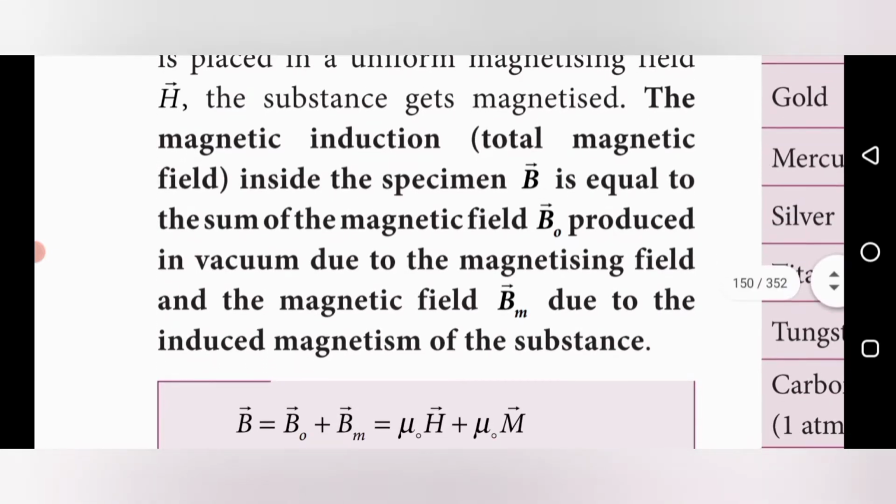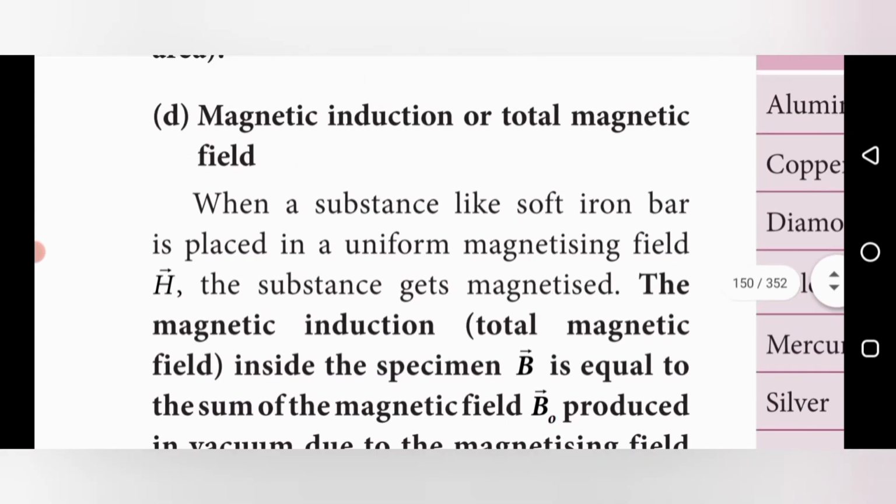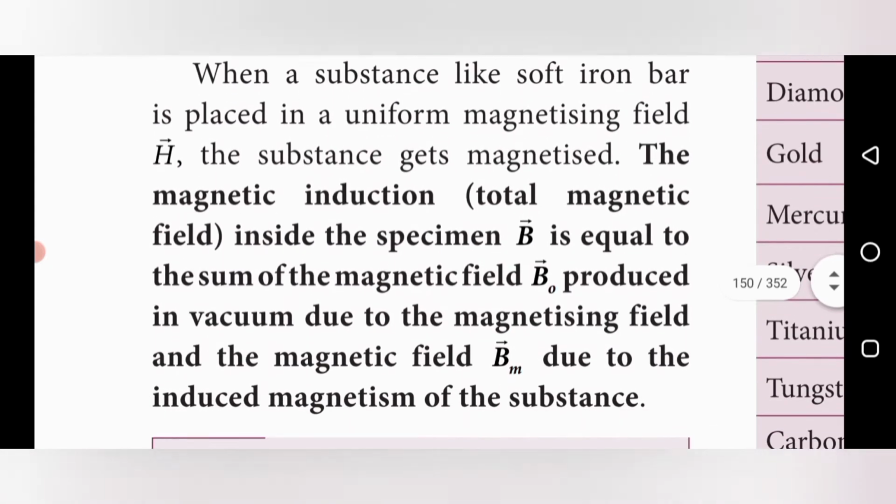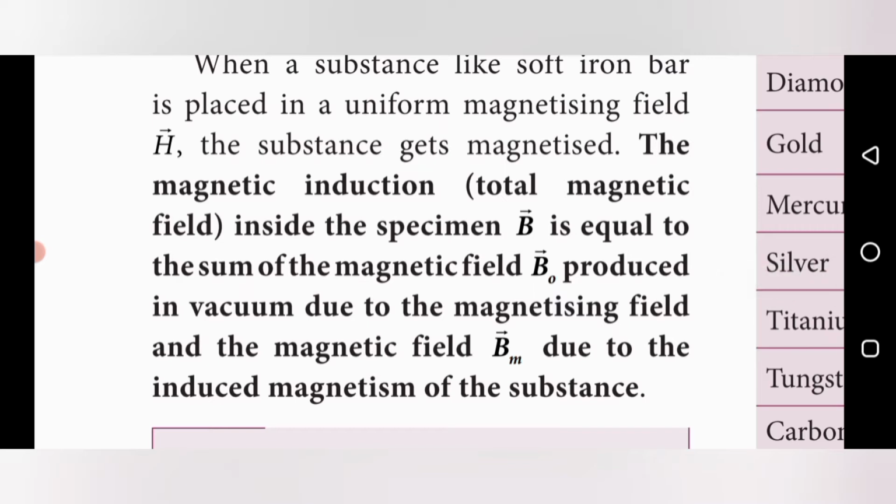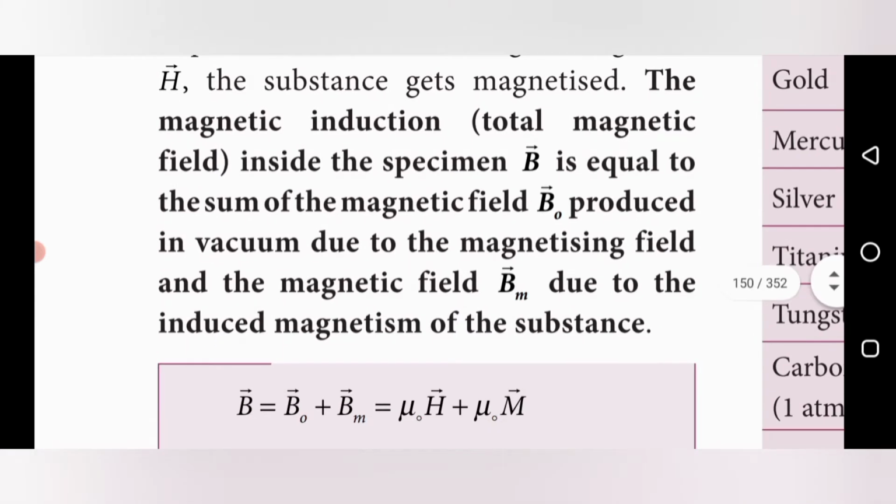According to the statement, the magnetic induction inside the specimen, that is iron, B, is equal to the sum of the magnetic field B naught produced in vacuum, that is the field in air, which is considered here as a vacuum, due to the magnetizing field, and the magnetic field B_m. B_m is the magnetic field due to the induced magnetism of the substance.